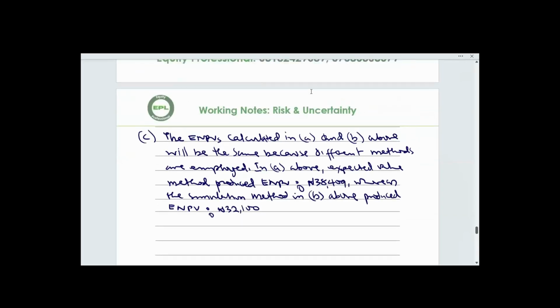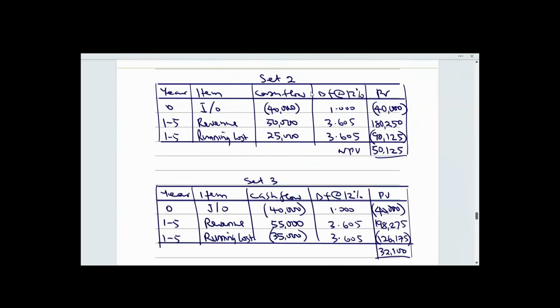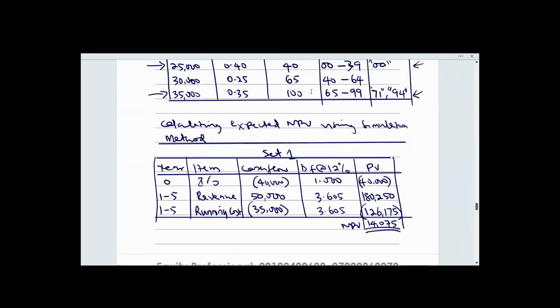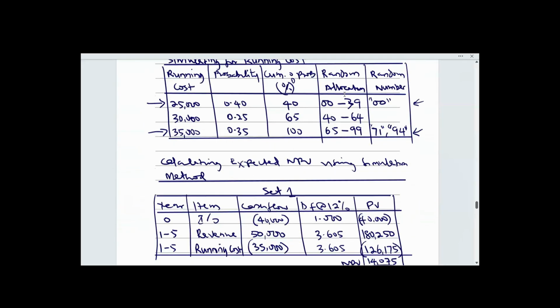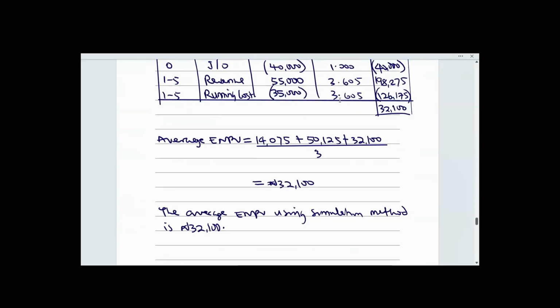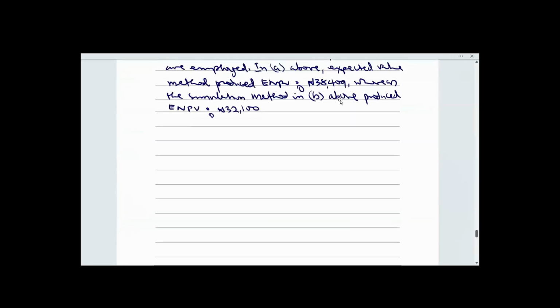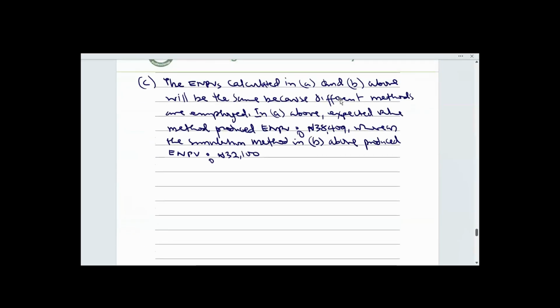Is that one 38,149? Let me confirm. Correct, sir. 38,409. Just want to be sure. Produced expected NPV of 32,100. We've already answered the question by saying that different methods are used. So that's why they are not the same.